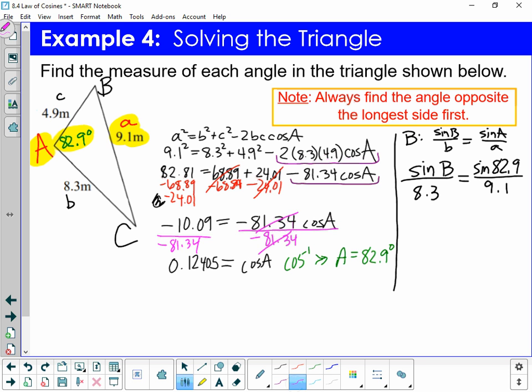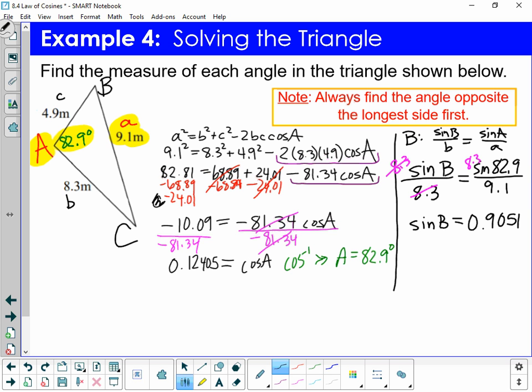To solve that equation, I multiply both sides by 8.3. And I get that the sine of B is equal to, and I crunch that in my calculator, 8.3 sine 82.9 divided by 9.1, and that is 0.9051.